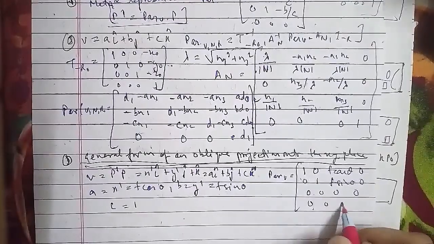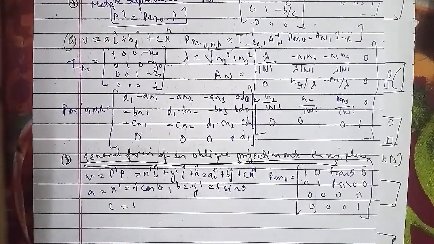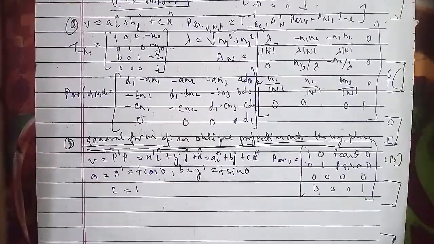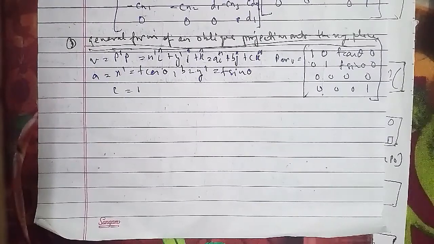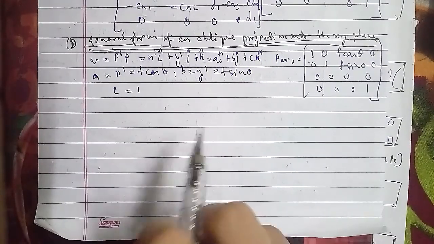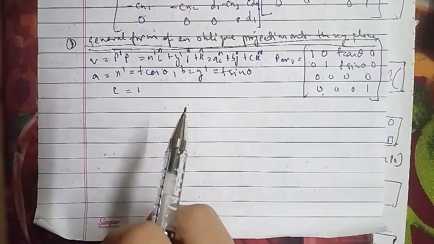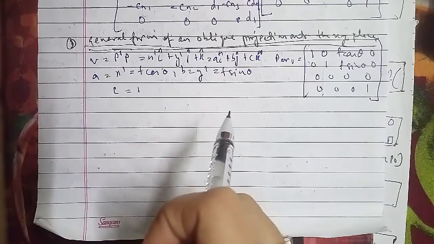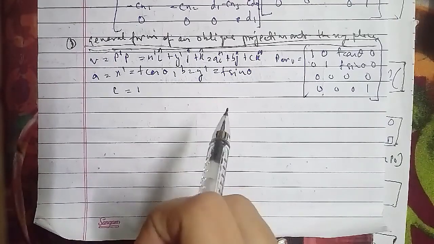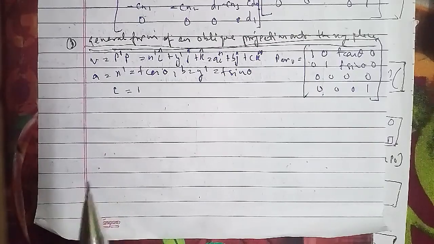Now we'll go ahead with another question, which is to find the transformation for A, the Cavalier projection with theta equals 45 degrees, and B, the cabinet projection with theta equals 30 degrees. So that is what we have to find out.